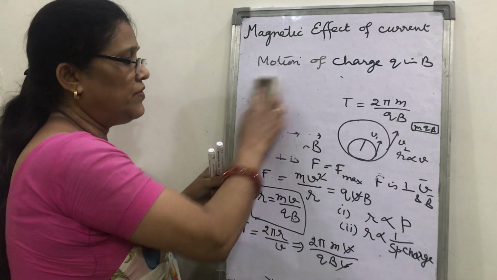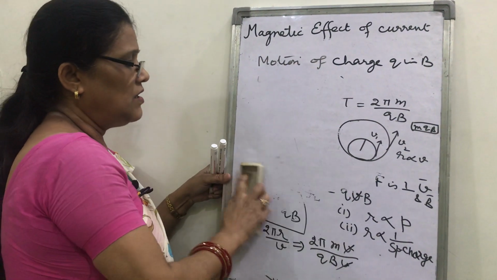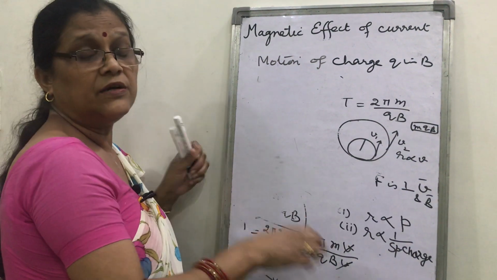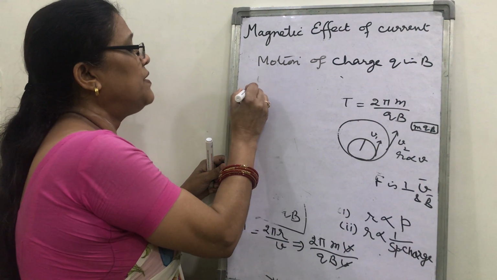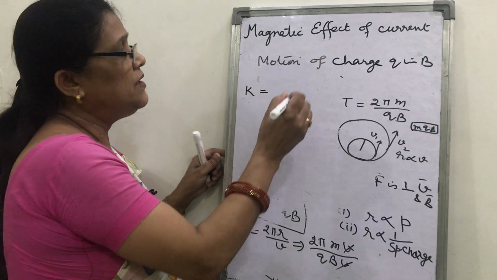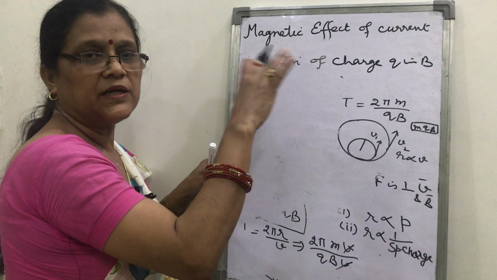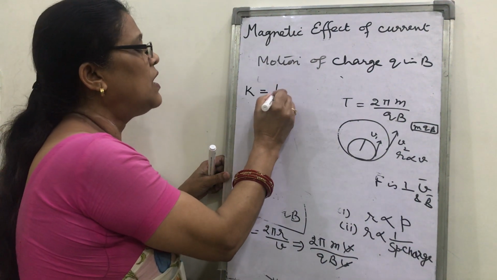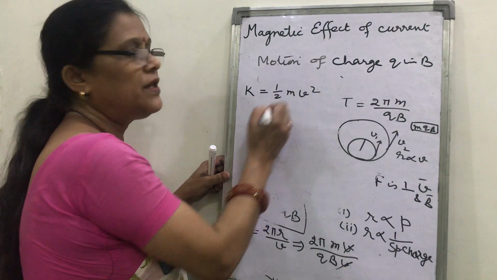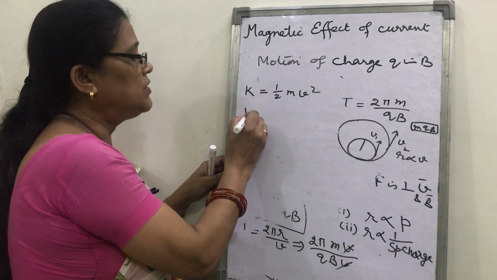Also, to find the kinetic energy: the kinetic energy never changes because v is perpendicular to b, which means the force is always maximum and the path is a constant radius circular motion. So you know kinetic energy is half m v square. And what is v?